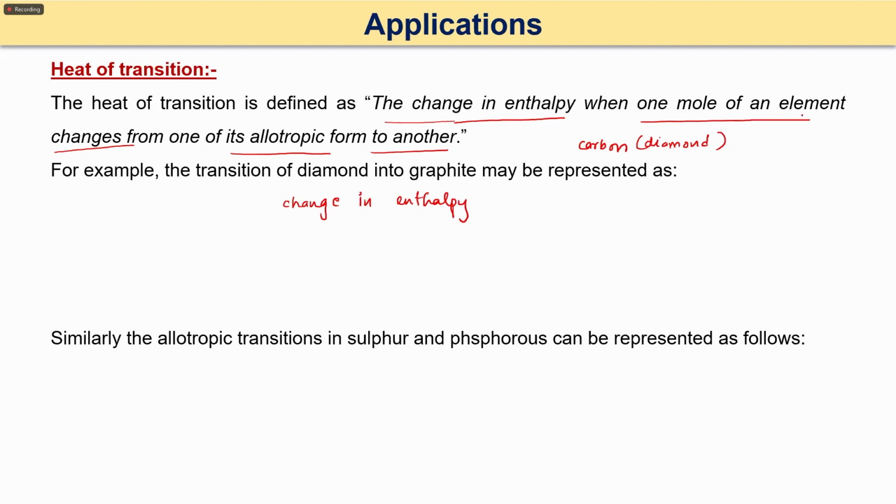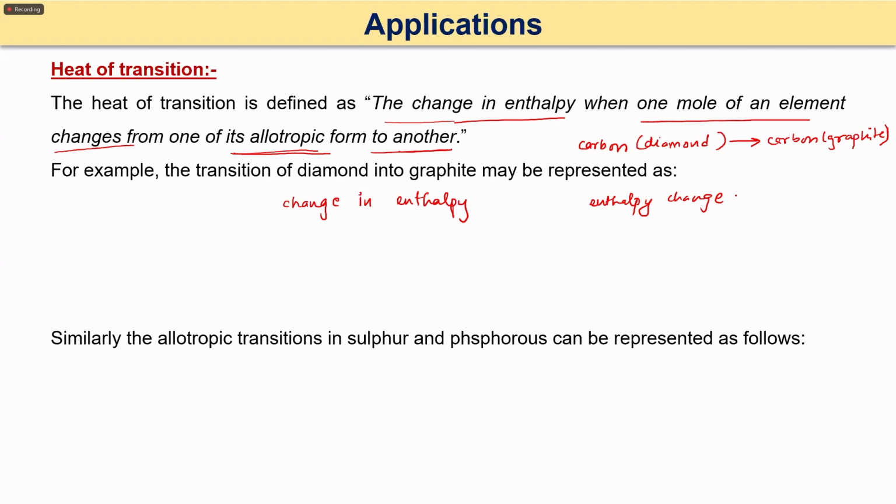One mole of an element, carbon here, changes from one allotropic form to another, that is, from diamond carbon to graphite. So in this case, enthalpy will change, and the enthalpy change in this case is called the heat of transition.